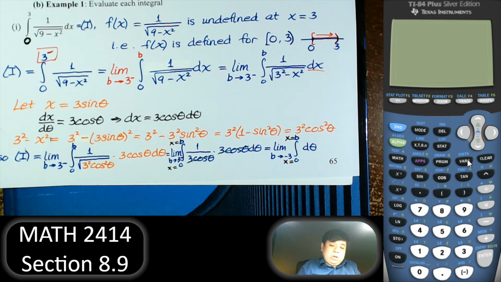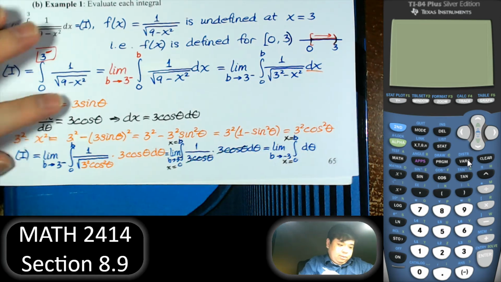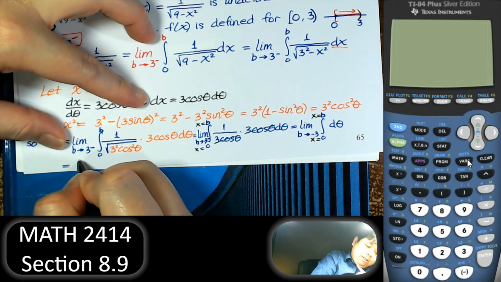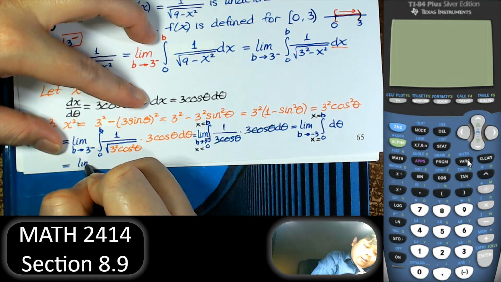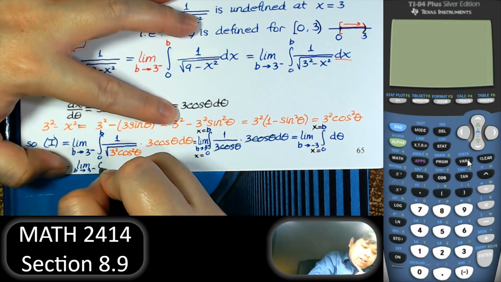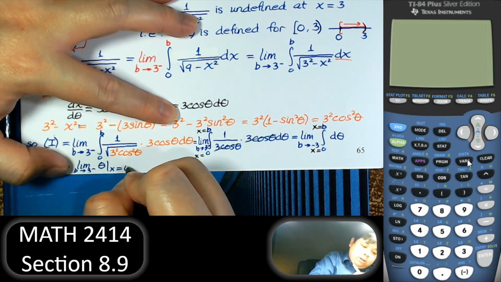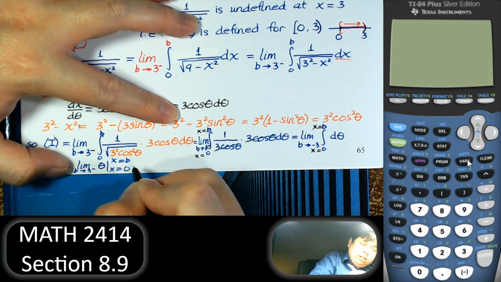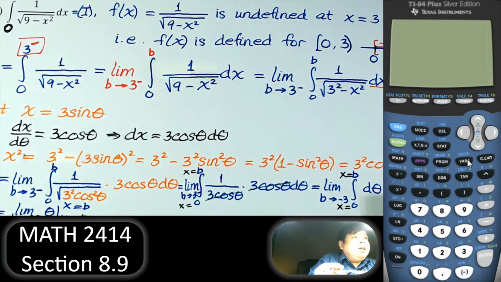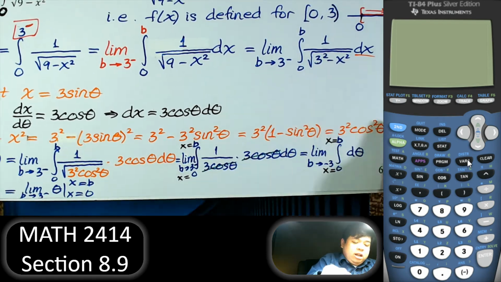Now, the integral of d theta is just theta, right? So we're going to have theta that goes from x equals 0 to x equals b. Yeah, so we have that. Now what is theta?